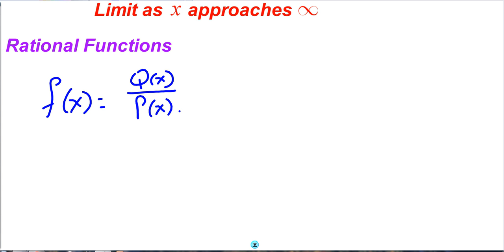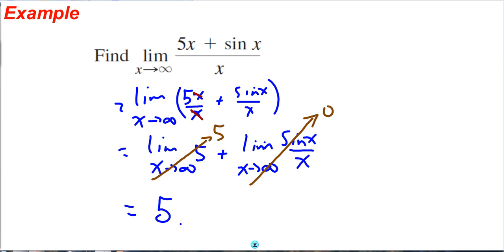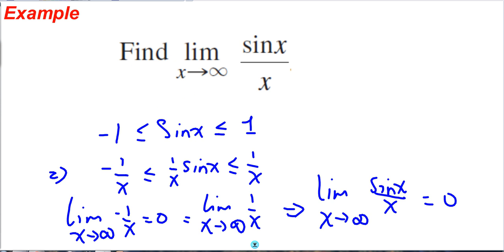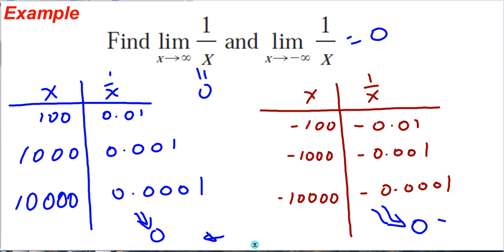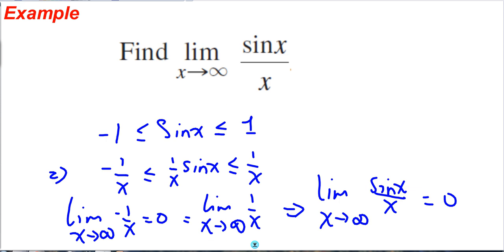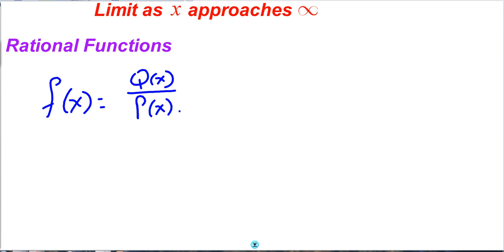We will still use the idea that the limit as x approaches infinity of 1 over x is always 0. That idea will be very useful in rational functions. You will see lots of examples of rational functions in the videos that follow.